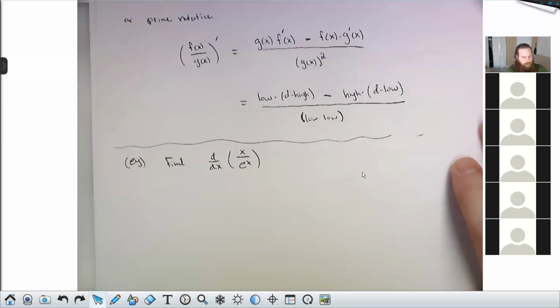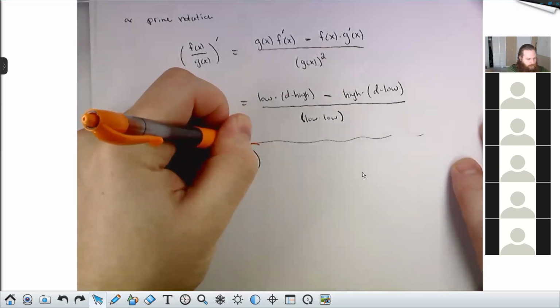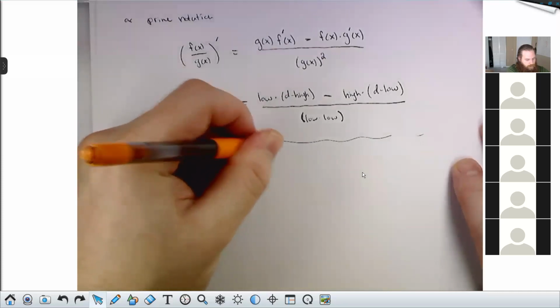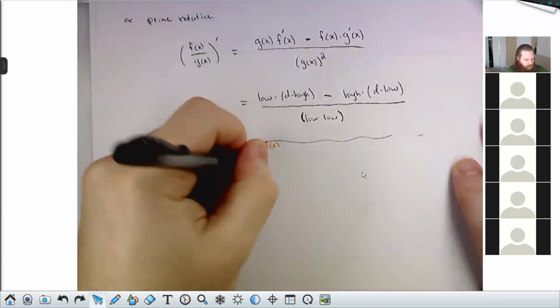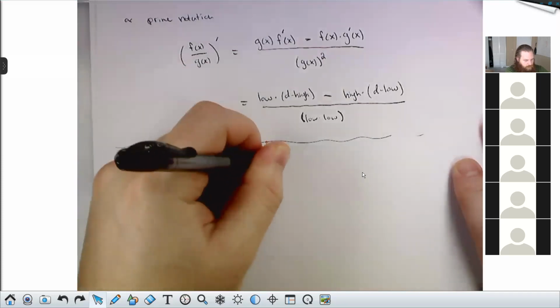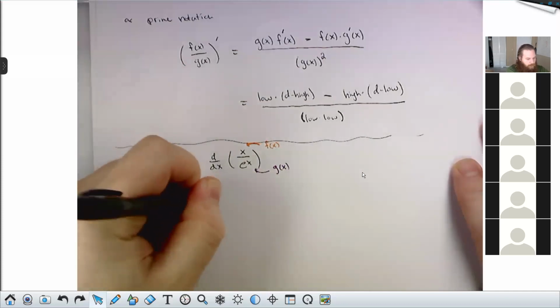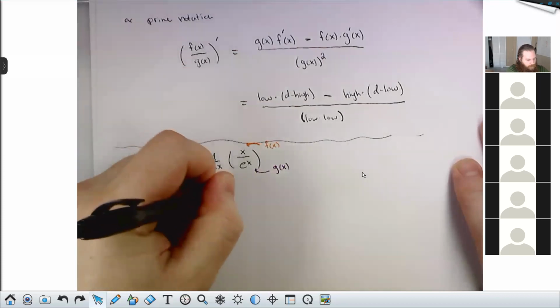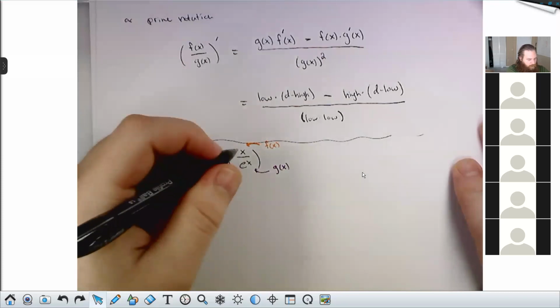So I'm going to think of this up here as f of x, and this down here as g of x. So following my quotient rule, the derivative of f over g should be, I'll write it out schematically again, low d high.